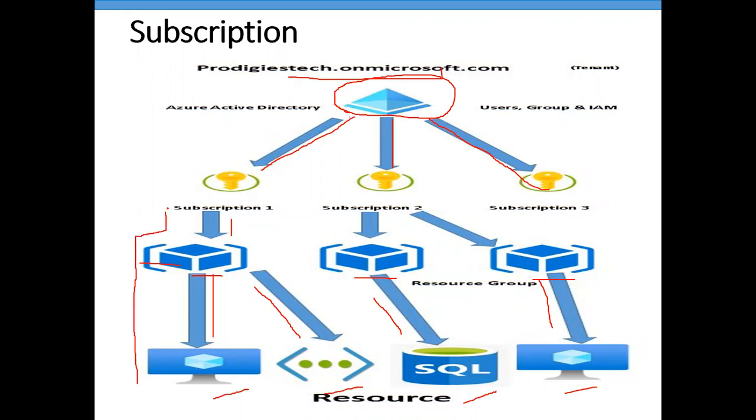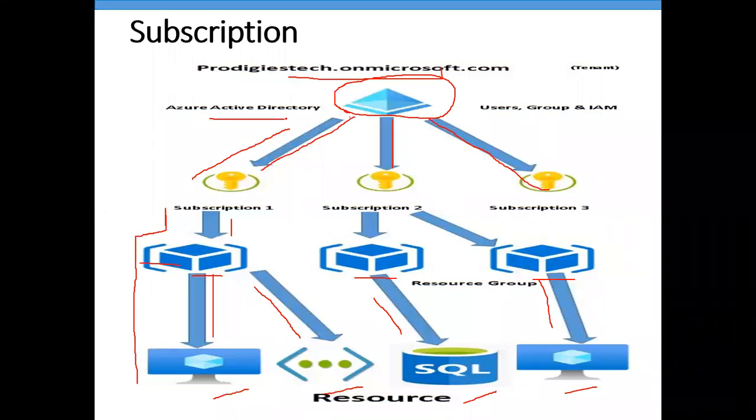From subscription to resource group to our resource, we are going to follow these steps. The steps above subscription we will follow in an upcoming session when we are learning about Azure Active Directory.